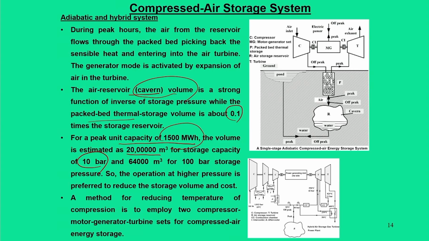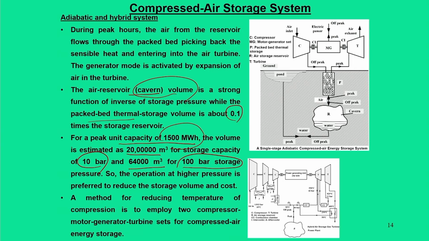So, what we have to look for is a higher pressure storage medium. We have to store the air for the same capacity at higher pressure, so that our storage volume is reduced drastically.